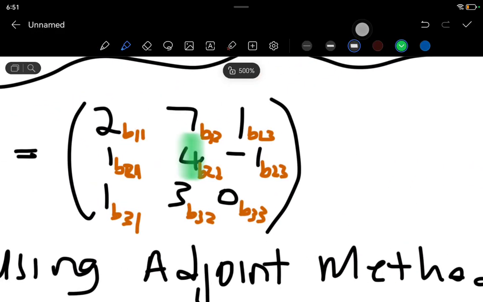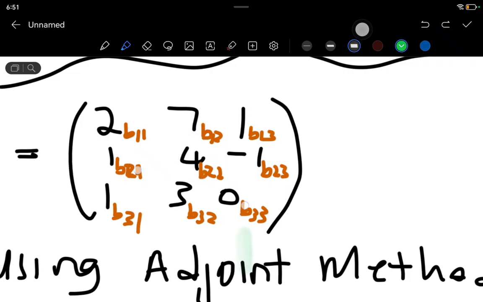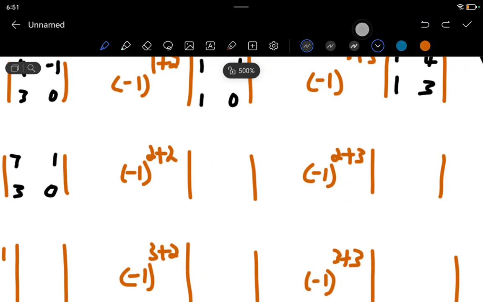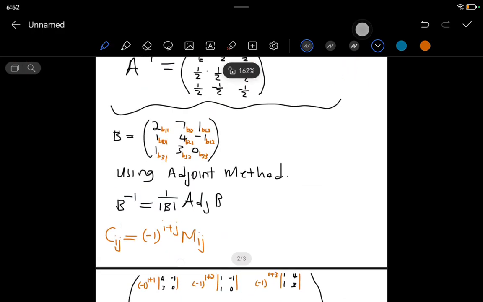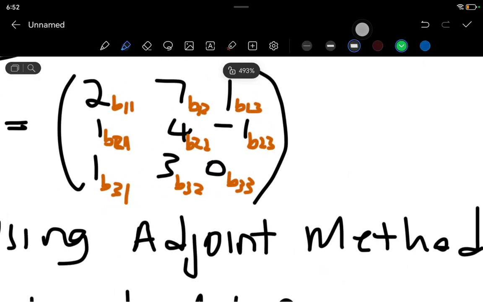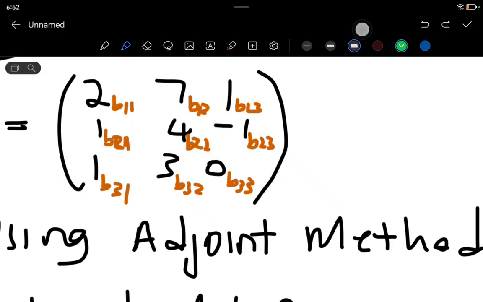This one is just going to go like this: 2, 1, 1, 0. Come to the one here at the end, circle vertically and horizontally. We have 2, 7, 1, 3.